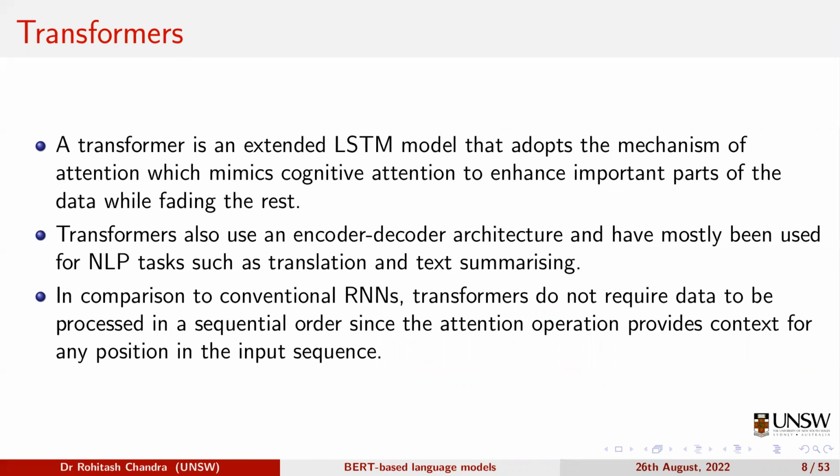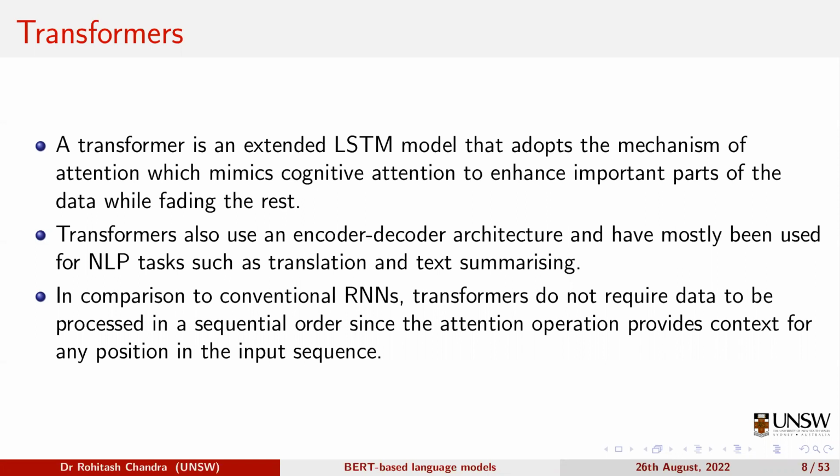The idea of attention is motivated by the cognitive attention that humans or animals have, where we enhance focus on certain parts of data or information, and ignore the other parts. So attention is natural, and transformers use the encoder-decoder architecture, and it's used mostly for NLP tasks.